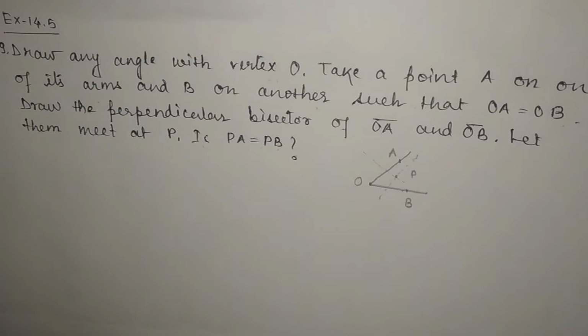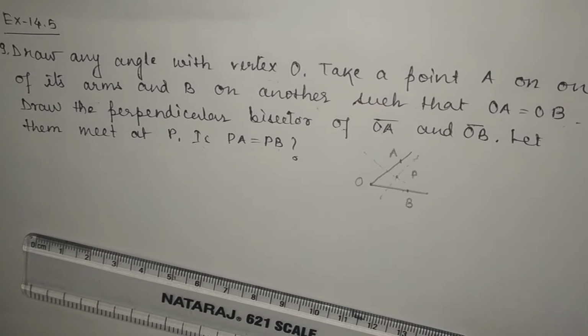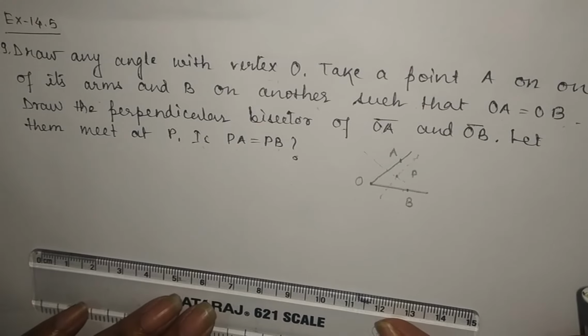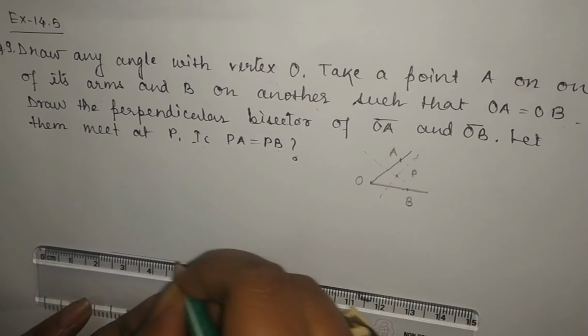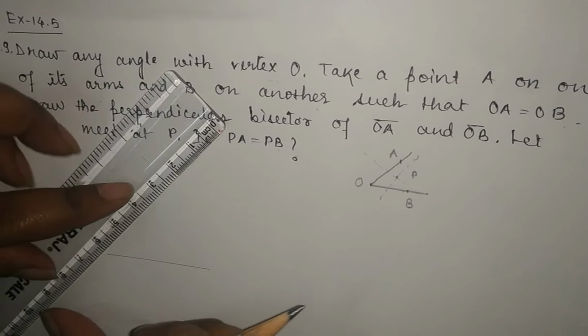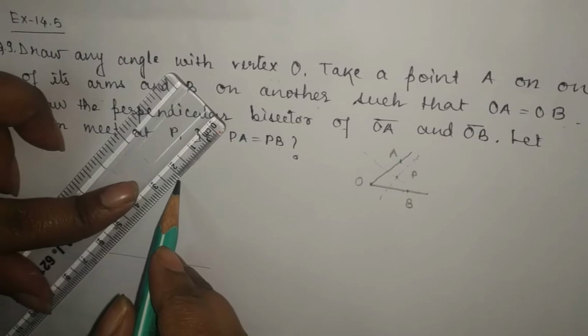So at first we will draw an angle with vertex O. Using a ruler we can draw the angle.